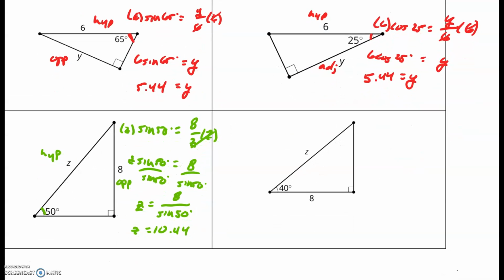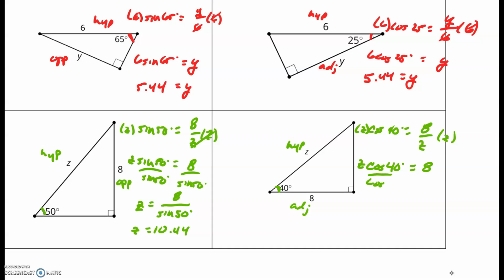Last one. I see my 40-degree angle. The 8 is the adjacent, and the z is the hypotenuse. So the cosine of 40 degrees is equal to the length of the adjacent divided by the hypotenuse of z. Multiply both sides by that denominator. z times the cosine of 40 degrees is equal to 8.